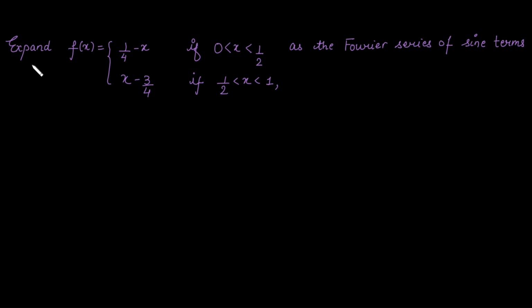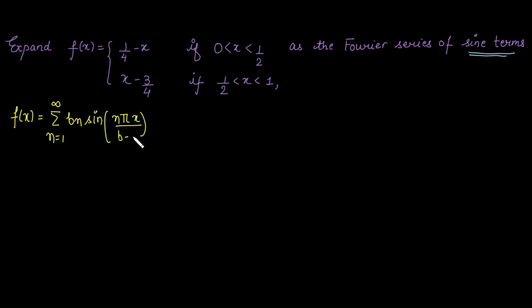Let's take this example. Expand this function as a Fourier series in a sine term. It means we are dealing with the half-range series and we need particularly a sine series. So in the sine series, the function is approximated as summation n from 1 to infinity bn sine of, rather than 2n pi, n pi into x divided by the length of the interval.